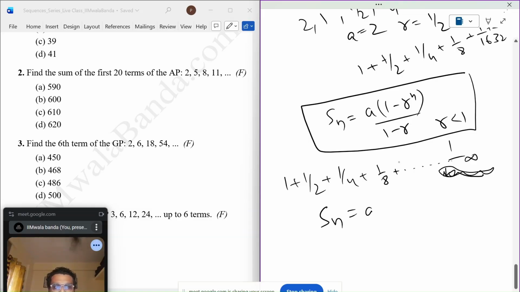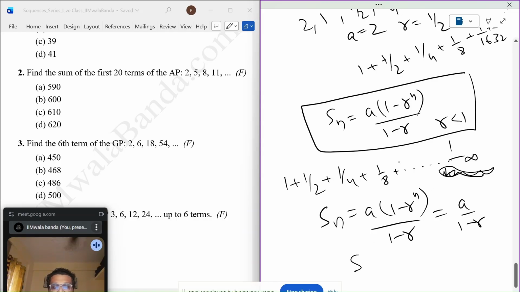So in that case, in a(1 minus r to the power n) upon 1 minus r, this r to the power n will be very, very small, which can almost be ignored. It will almost be zero. So r to the power n is non-significant and this becomes 1 minus r if n tends to infinity.